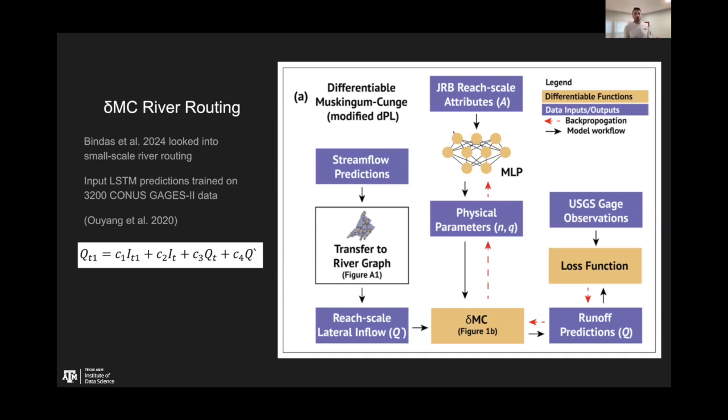So this is a very simple neural network that just uses many layers connected to each other in an output. And we get a value of Manning's n, which is a friction. So if there's like concrete, there will be a lower Manning's n. If there's trees in the reach, there will be a higher Manning's n, because it's all just a friction coefficient.